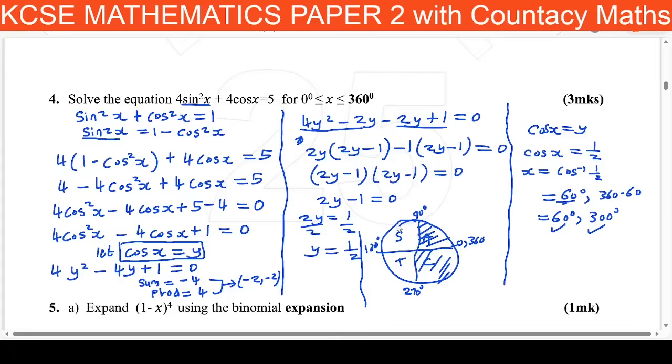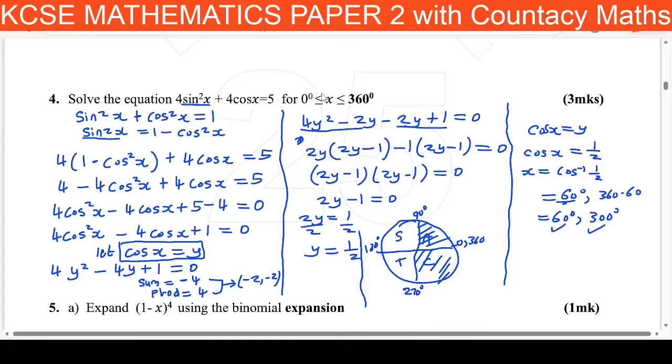So it's very important that you understand that. So this circle is divided with the different quadrants to help you know where all the attributes are positive and where they are not positive, so that we can know how to get other angles with just one single angle. I believe that once you get such a question, whichever way it will be twisted, you will be able to answer it.